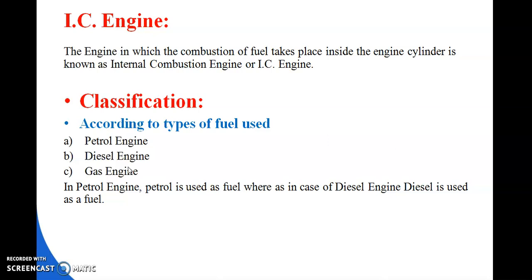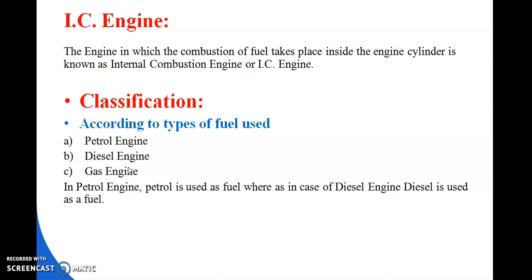But on the highway, it needs more RPM but less torque. This variation of torque and RPM is governed by the gearbox.